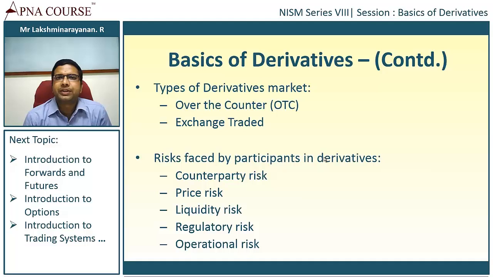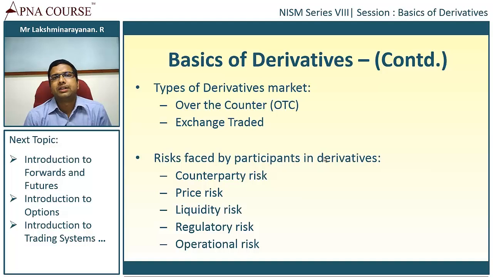Whereas in case of a trade happening over the counter, there are no standard terms of the trade, and the other party with whom you are trading might default. Such a scenario is known as counterparty risk.